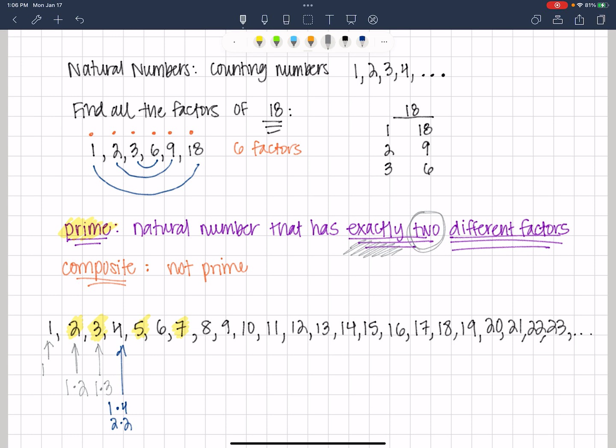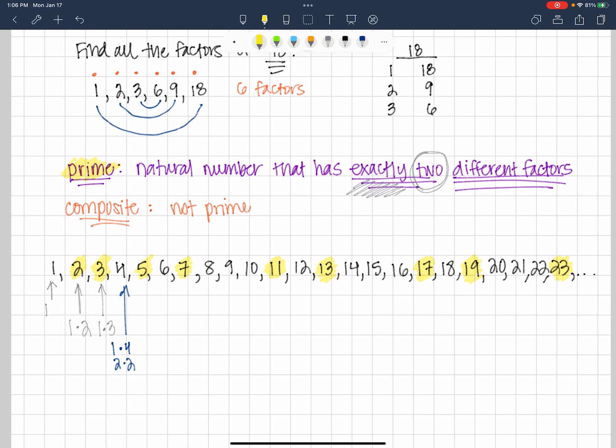Notice how I can skip over every even number from here on because even numbers are all divisible by 2, so they have more than 2 different factors. So now I'm looking at the odd numbers to see which are going to be prime. 11 is a prime number. 13 is a prime number. 17 is a prime number. 19 is a prime number. And then 23 is a prime number, and so on and so forth.